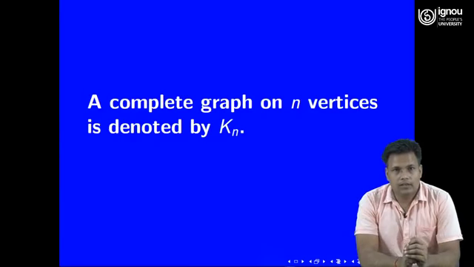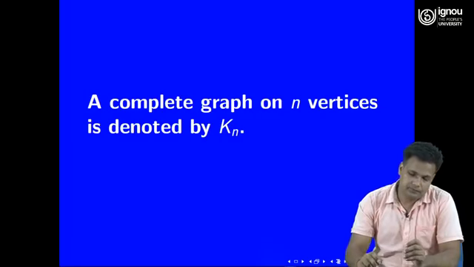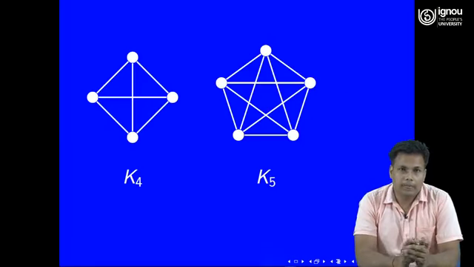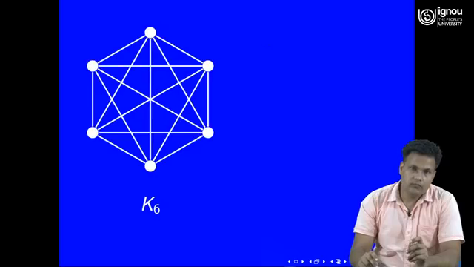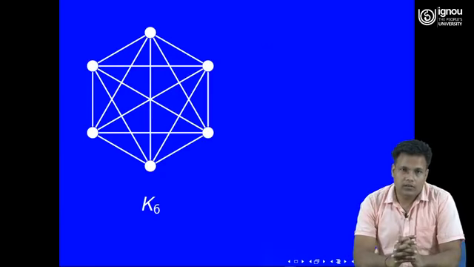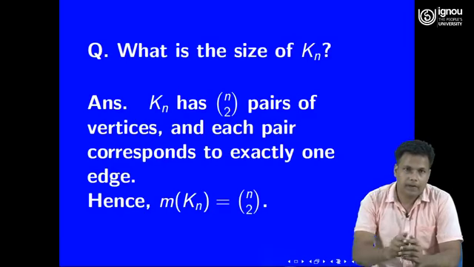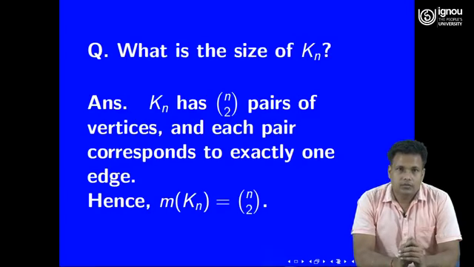We shall use the notation Kn to denote a complete graph on n vertices. For example, K4 and K5 are shown here. K4 has 4 vertices where each vertex is adjacent to every other. Likewise, K5 has 5 vertices and each vertex is adjacent to every other. And likewise, you can see K6. Now you might be interested in what is the size of a complete graph on n vertices.